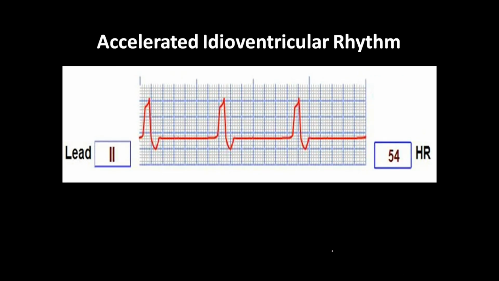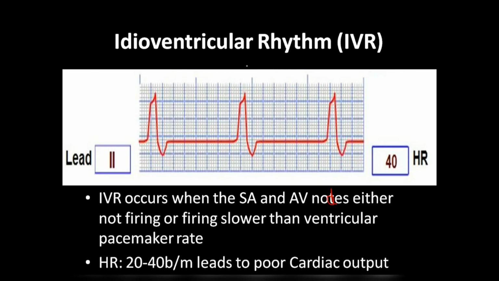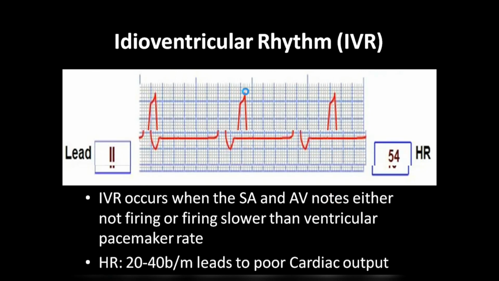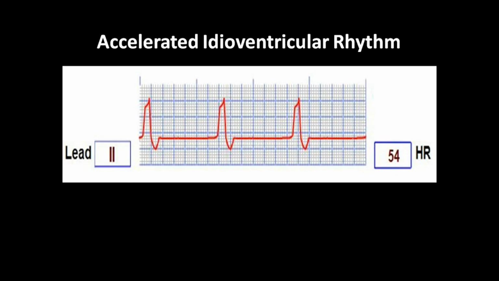Accelerated idioventricular rhythm. Again the rate will be more than 40 beats per minute. That's why it is called accelerated idioventricular rhythm. Okay, the rhythm will be similar to the previous rhythm, idioventricular rhythm, but here it is at an accelerated rate.